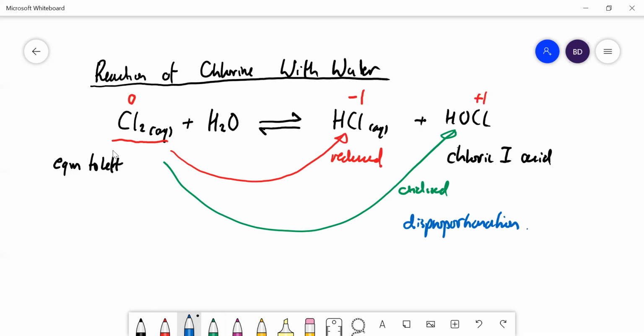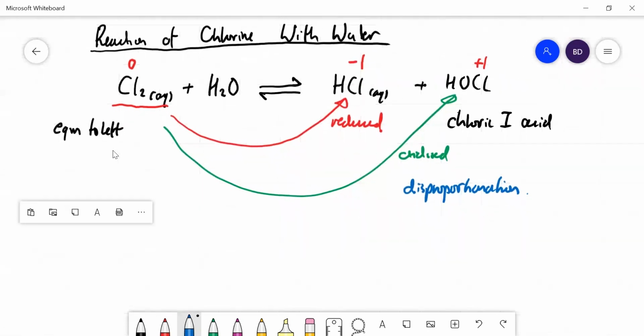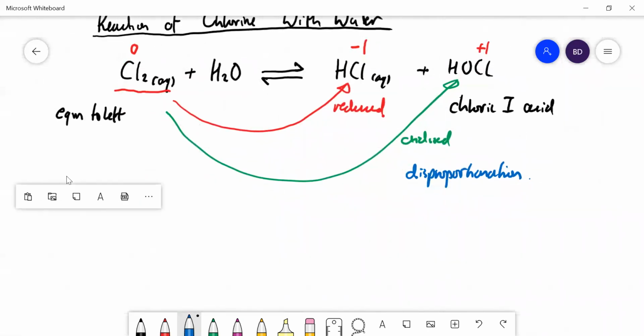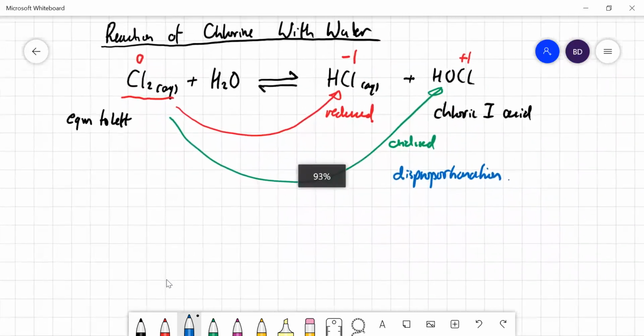Okay, there's another interesting thing about this reaction. It's an equilibrium reaction, but you can quite easily push it over to the right.